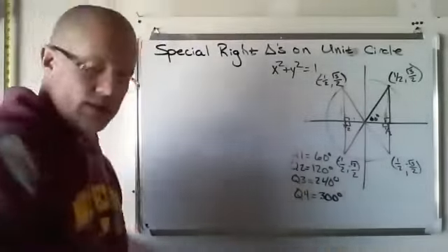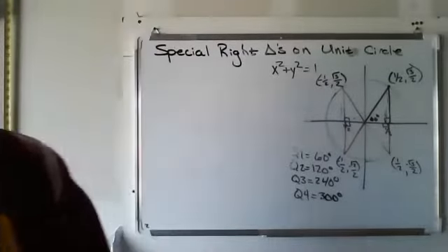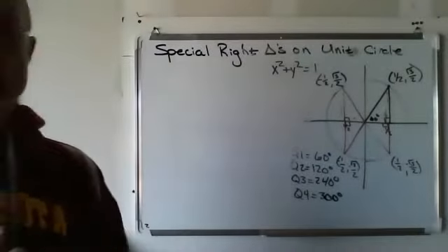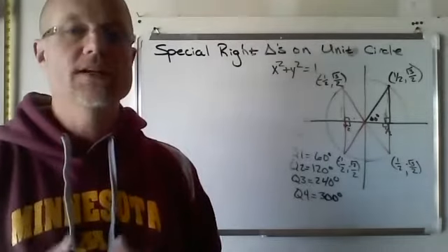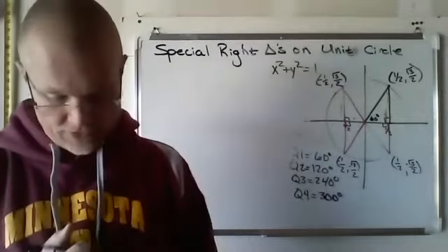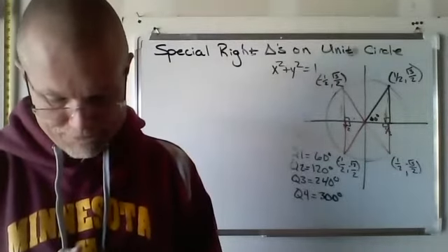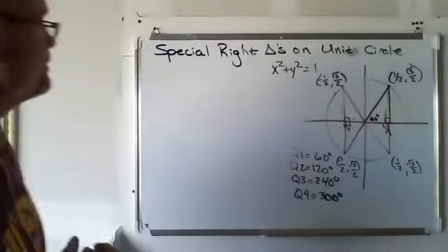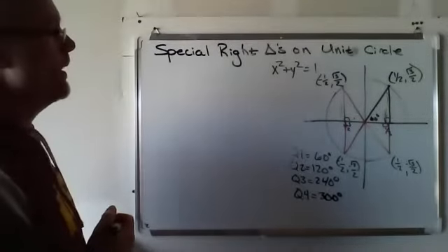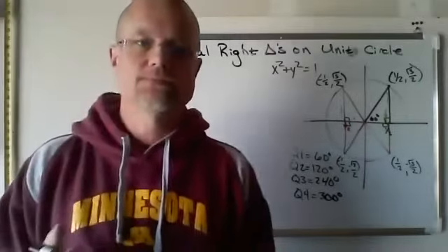All right. So what are we going to do now? Right now we have one family of angles that we know the sine and cosine for. So let's get another family of angles.